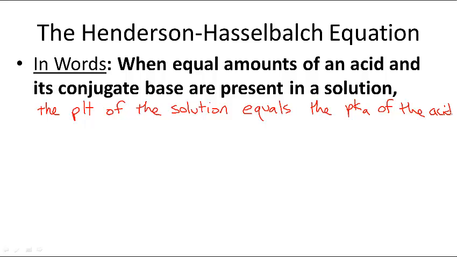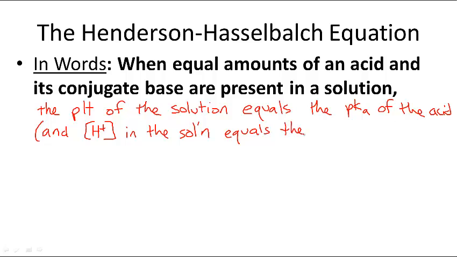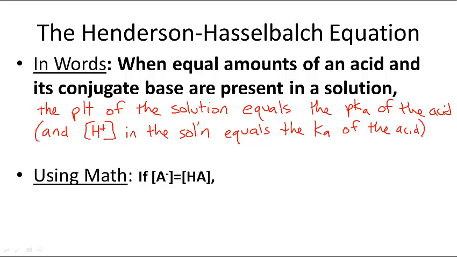Another way to say that is the concentration of H plus in the solution equals the Ka of the acid. Mathematically, if the concentration of A minus equals the concentration of HA, then pH equals pKa.